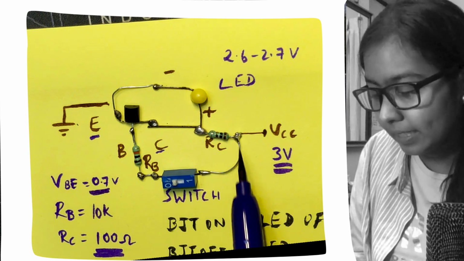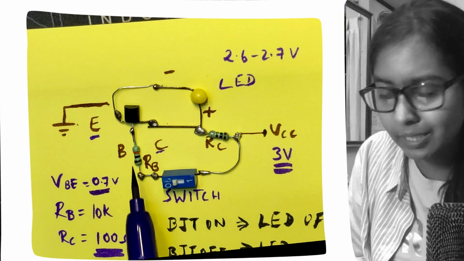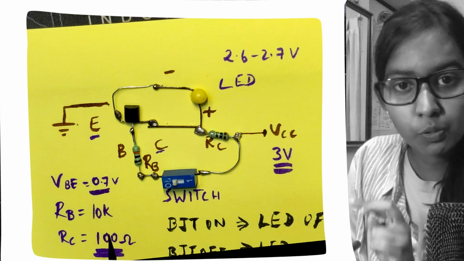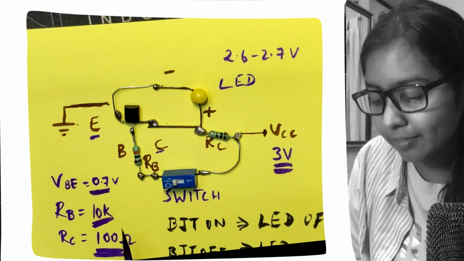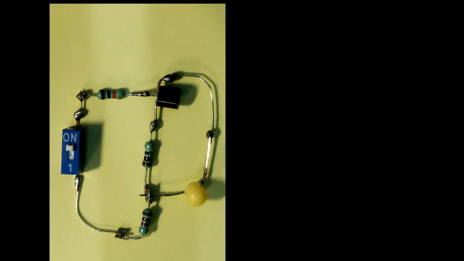If 3 volts is connected directly here, it will be a very high voltage at the base, which is not good. So I want to drop it. 0.7 volts is sufficient for me. So the higher the value of RB, the better. So this is how this connection comes.